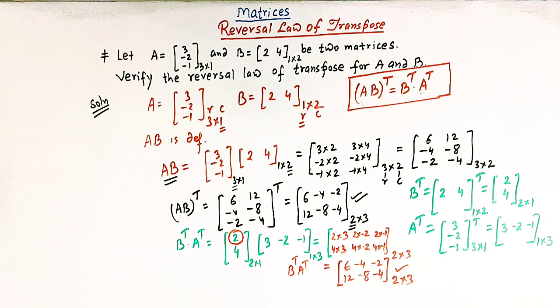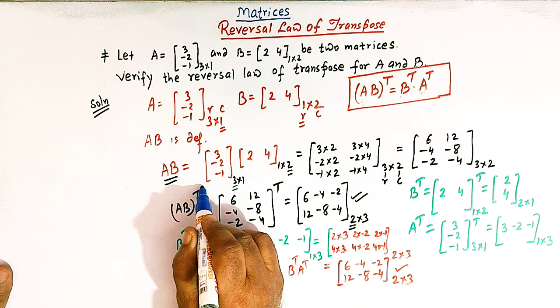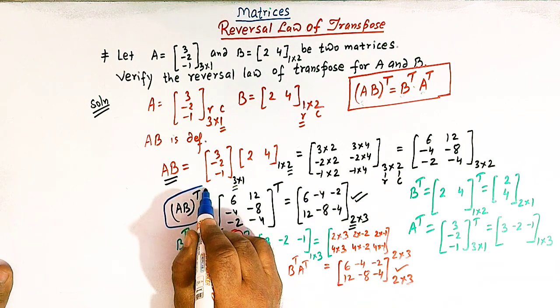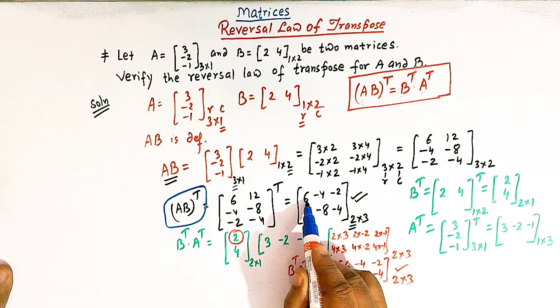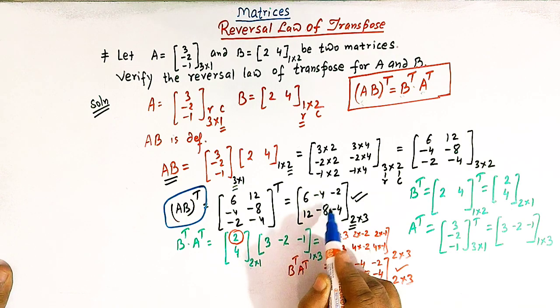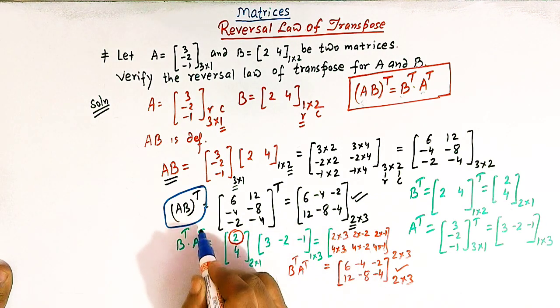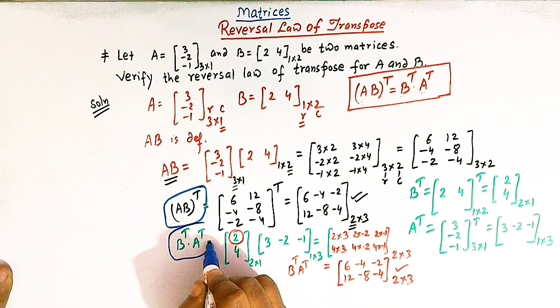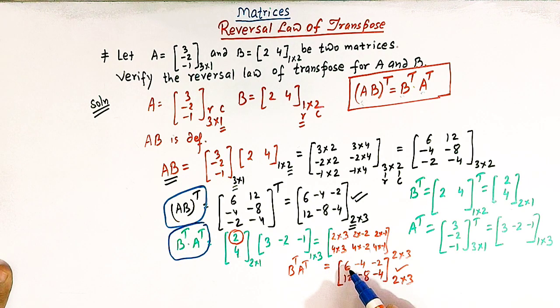So viewers, from this calculation, we arrived at the result that the value of this matrix is 6, 12, minus 4, minus 8, minus 2, minus 4. And the value of this matrix is again the same matrix, that is 6, 12, minus 4, minus 8, minus 2, minus 4, right?